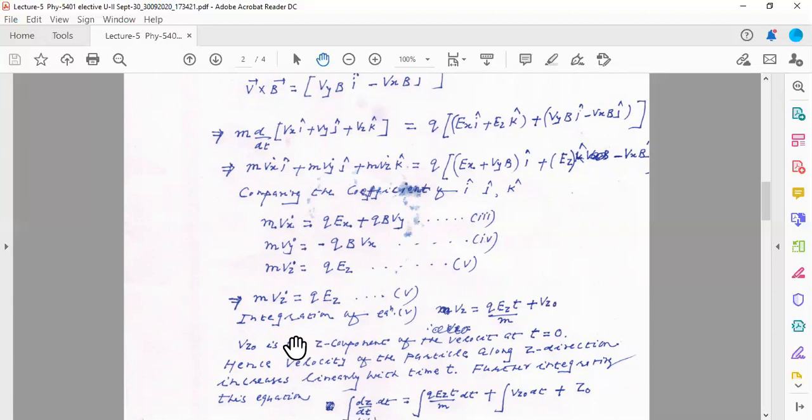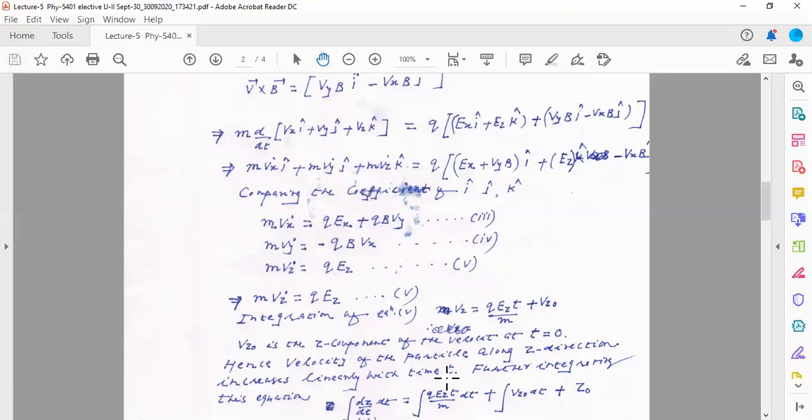So once again, I am considering that Vz0 is the z component of the velocity at t equal to 0. Here you see the velocity of the particle along the z direction, Vz, is a function of t. So the velocity of the particle along the z direction increases linearly with respect to time.